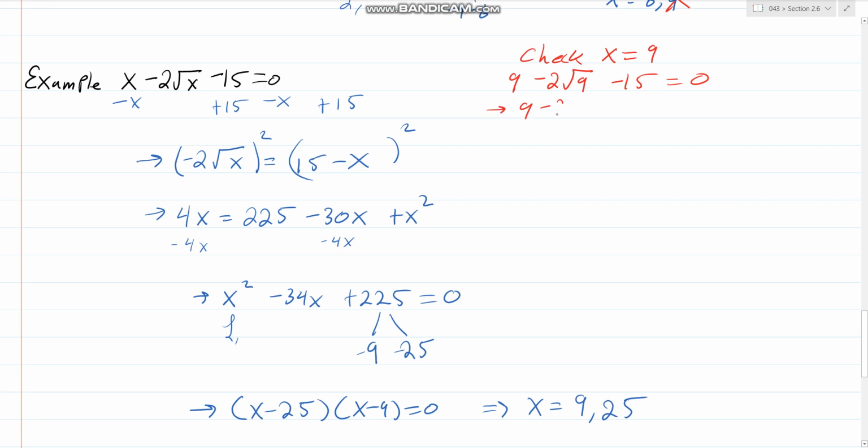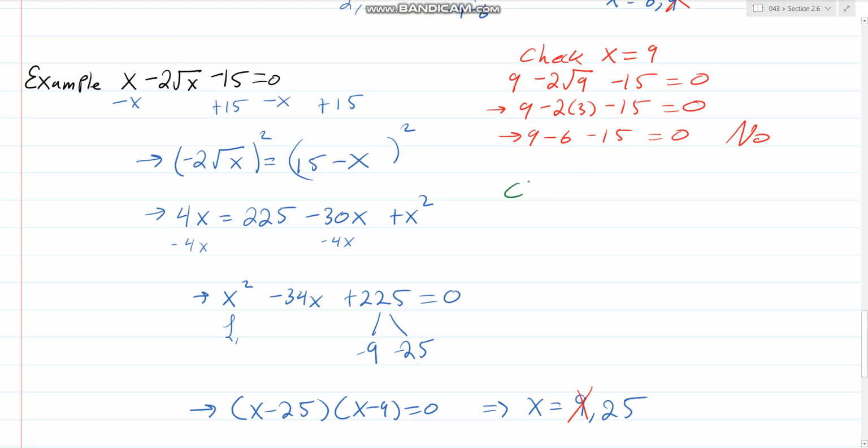That's 9 minus 2 times 3 minus 15 equals 0. That's 9 minus 6 minus 15 equals 0. No, I don't think so. I don't think that's going to work, right? No, I don't think 9 minus 6 is positive 15. So nope, that's not working.